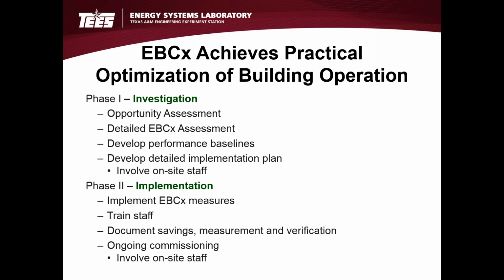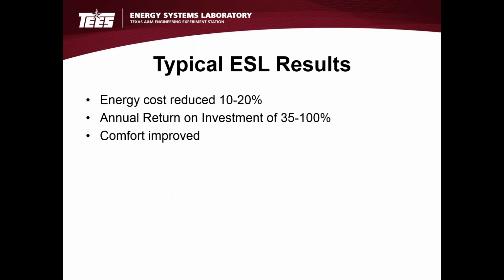A critical part of the process is to train the staff on the measures implemented so that they don't immediately undo them. And then certainly one wants to document the changes that have been implemented in terms of whether it's improving energy performance or whether it's improving comfort, both. And then afterward, it's a good idea to perform some tracking and something that we refer to as ongoing commissioning to make sure that the process continues to work.